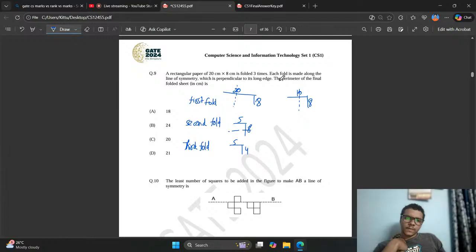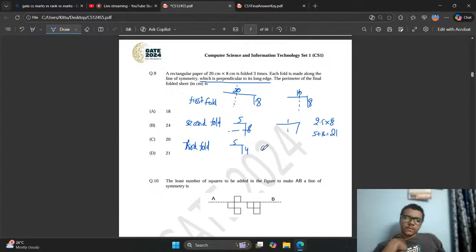Since the fold is perpendicular to its long edge. So what if you fold kind of like this? Then it will be 2.5 times 8, right? Then what will be the perimeter? 5 plus 16, it will be 21 then.